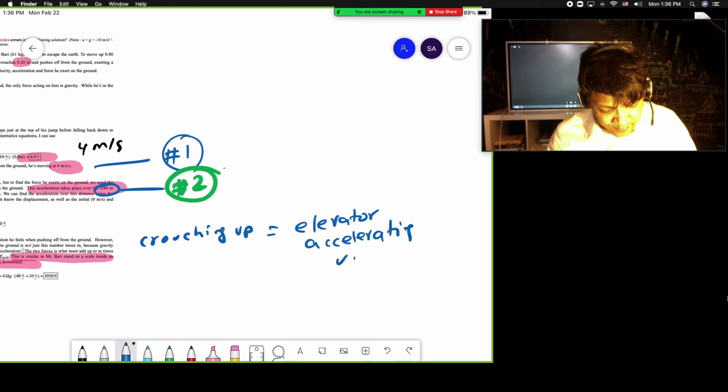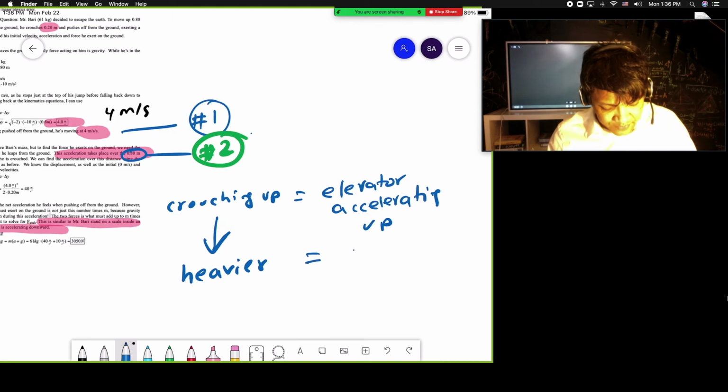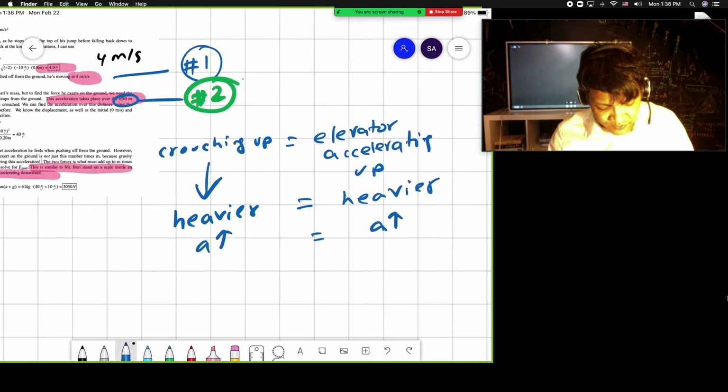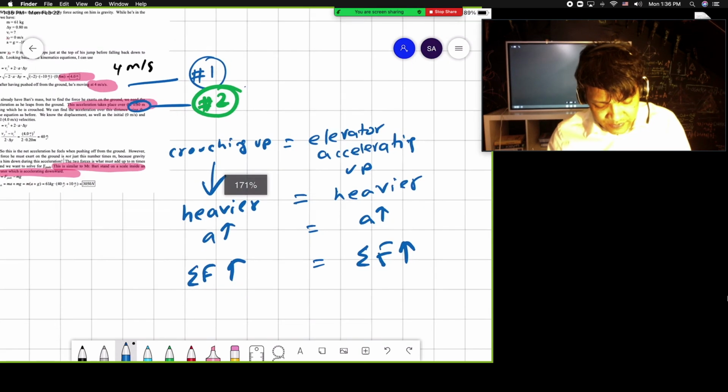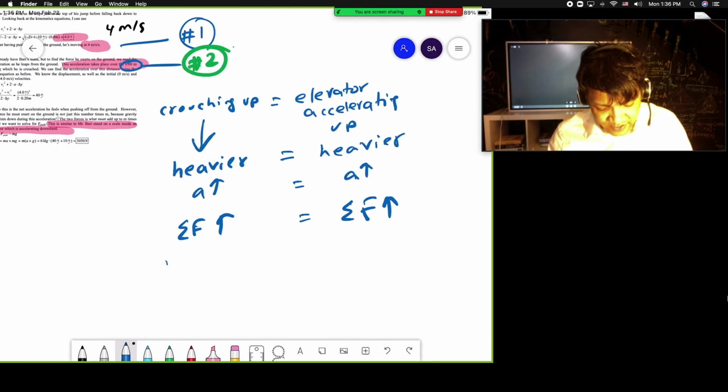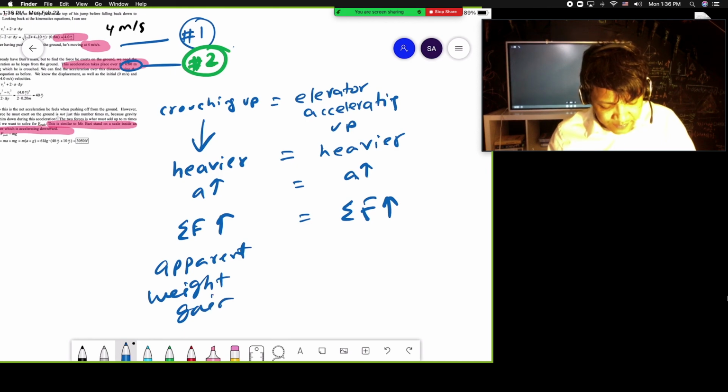Why? Because when crouching up you feel heavier, just like in an elevator going up. You feel heavier because of upward acceleration, because the net force is upward, because of apparent weight gain.